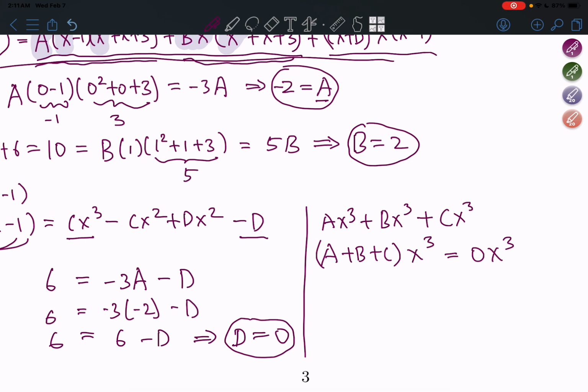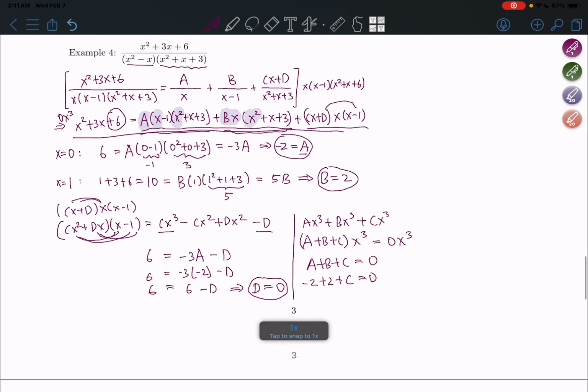So you set the coefficients equal to each other: a plus b plus c equals 0. And again, we know what a is, we know what b is: a equals negative 2, b equals 2, and so c equals 0.